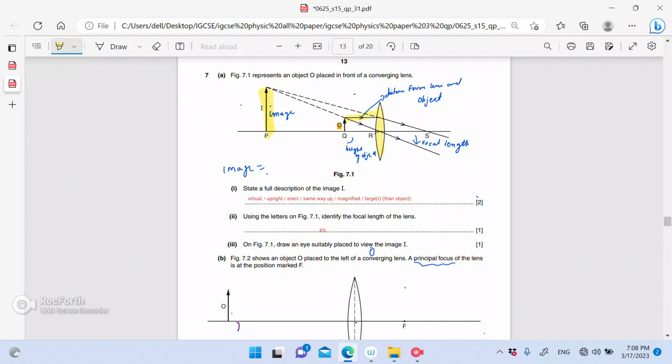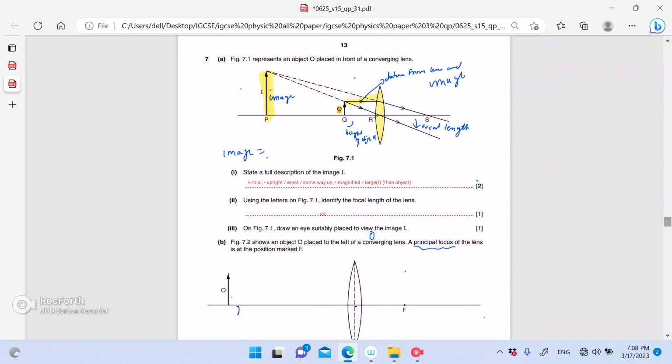This is the lens, you can see, and this is the image. Focal length is the distance between the lens and the image, not the object. Okay, image, sorry. This is the focal length.